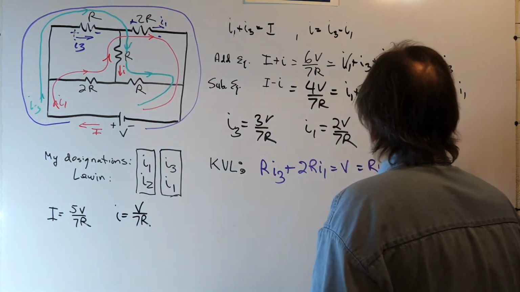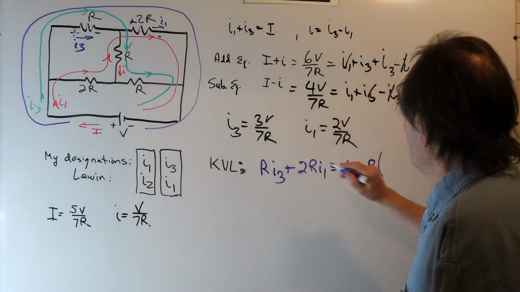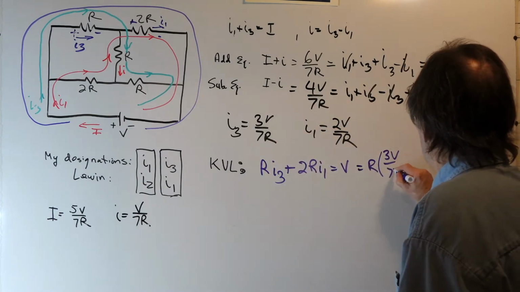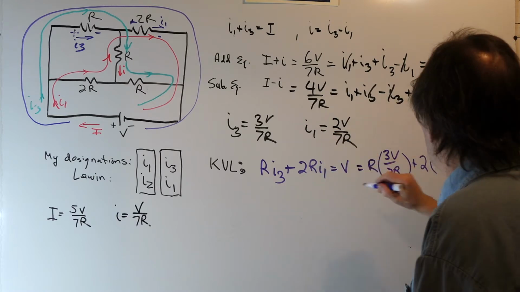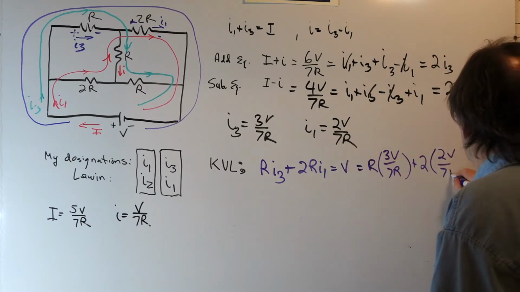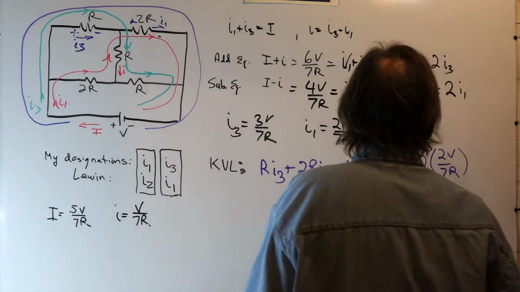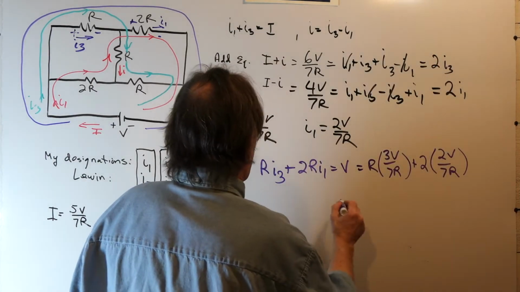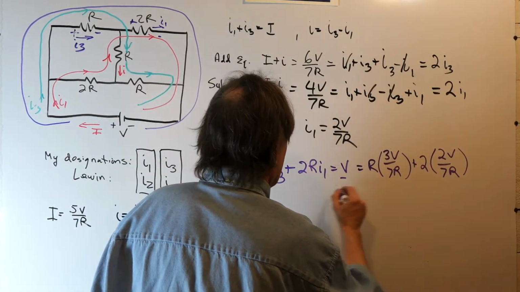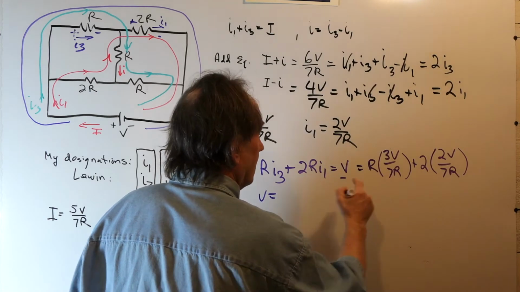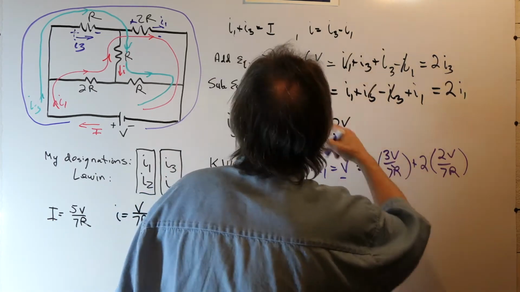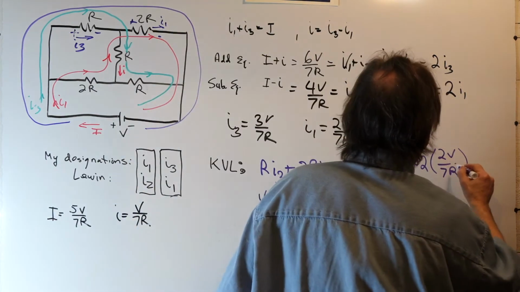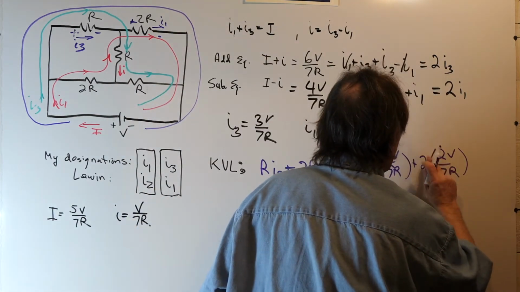We have R times I3, which is 3V over 7R, and we add to it twice I1, which is 2V over 7R. So what are we getting here? I'm sorry, this should be 2R.